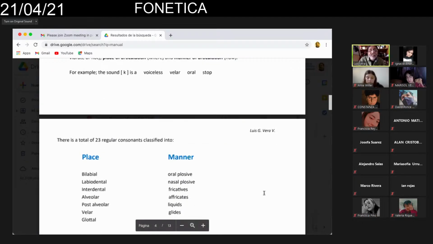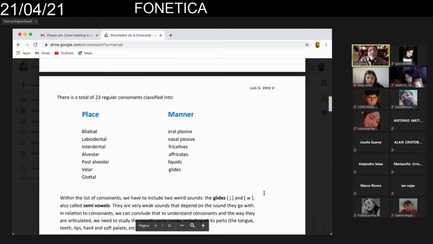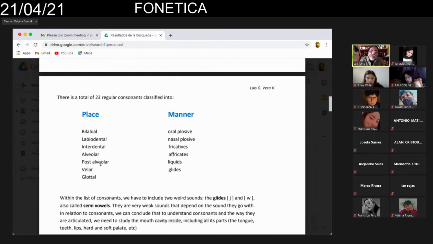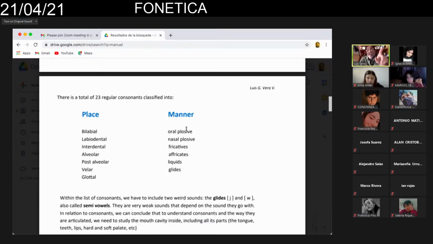There is a total of 23 regular consonants classified into place and manner. For place, we classify bilabial, labiodental, interdental, alveolar, postalveolar, velar, and glottal. And then you have to identify this with the sounds, right? With the consonants. And for manner, there is oral plosive, remember?